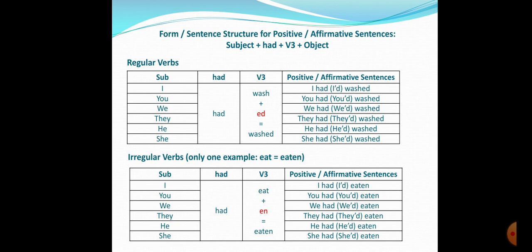So your sentences will be I had eaten, you had eaten. Let's talk about the contractions also, so you will remember that I'd eaten, you'd eaten, we'd eaten, they'd eaten, he'd eaten, she'd eaten. Understood, students? Easy? Great.